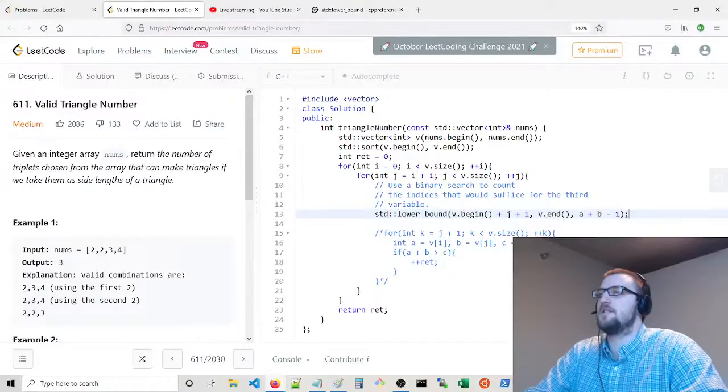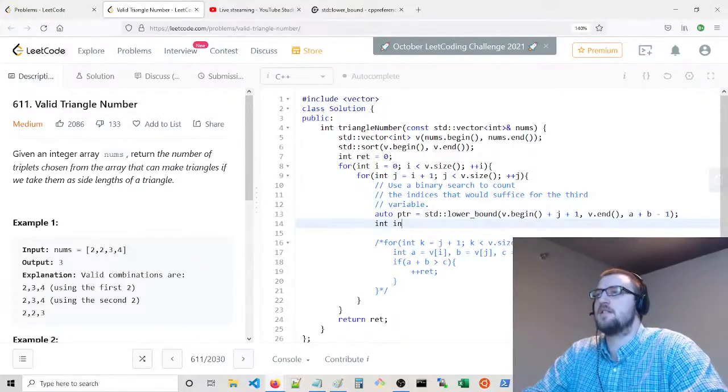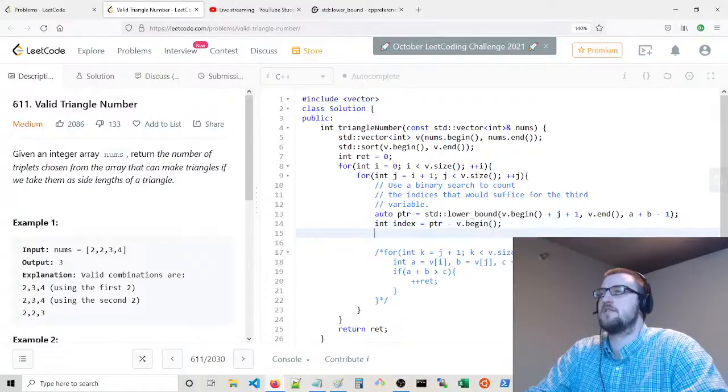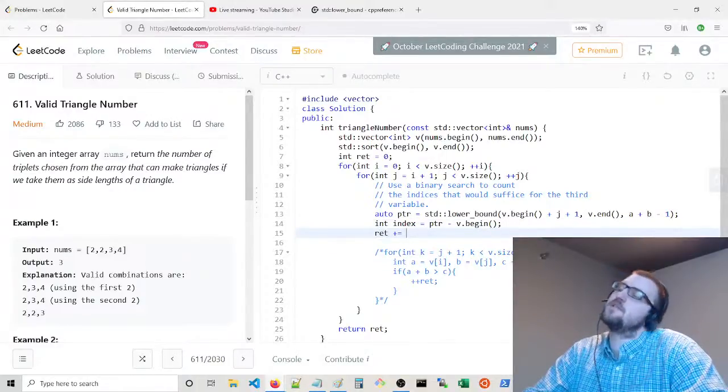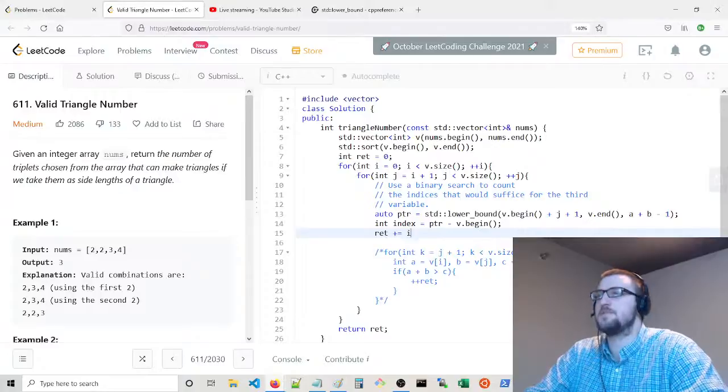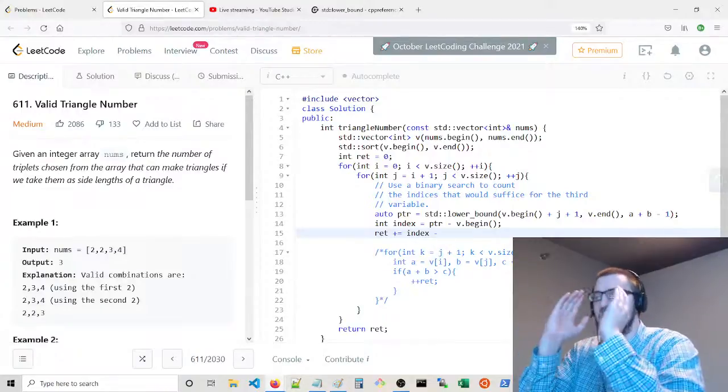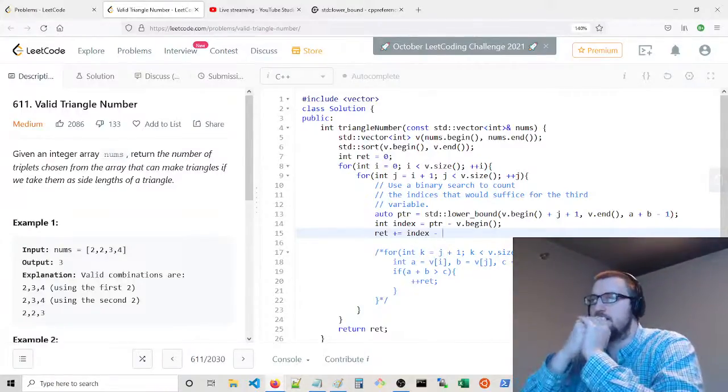Yeah. And we're going to say auto pointer is equal to this. And then we're going to say int index is going to be pointer minus v.begin. And then we say ret plus equals, so we're going to take the difference between this index and the index of, so we define these two indices now.